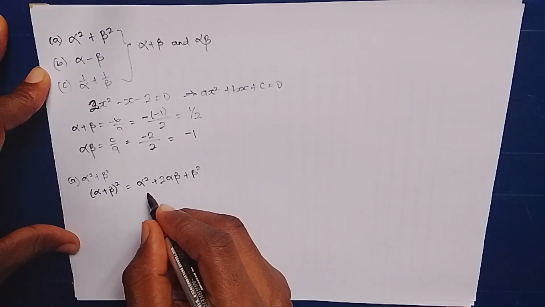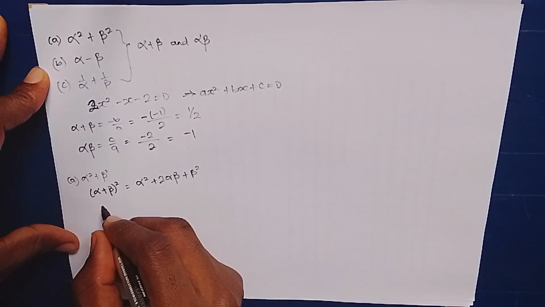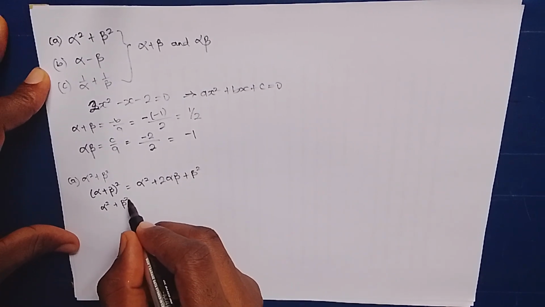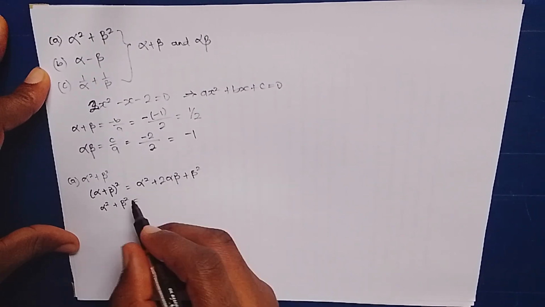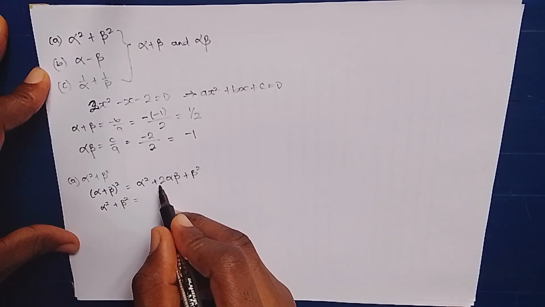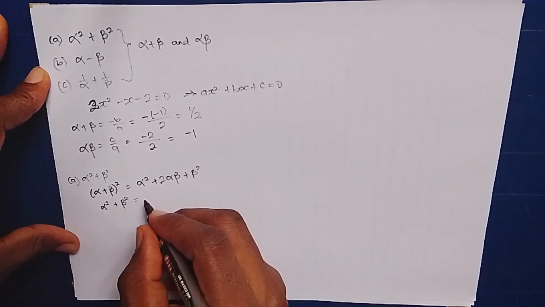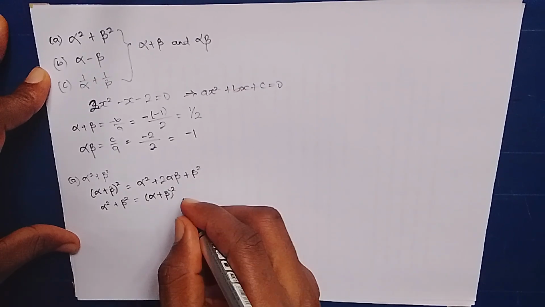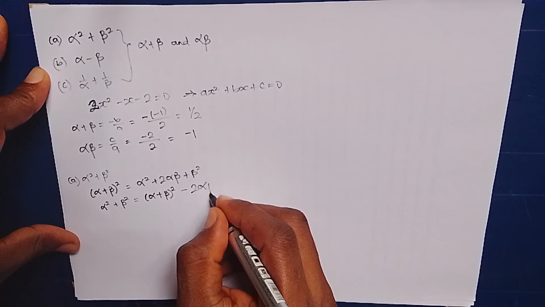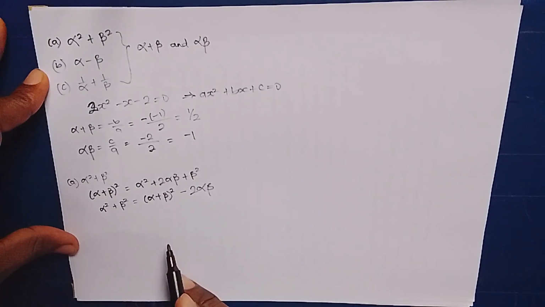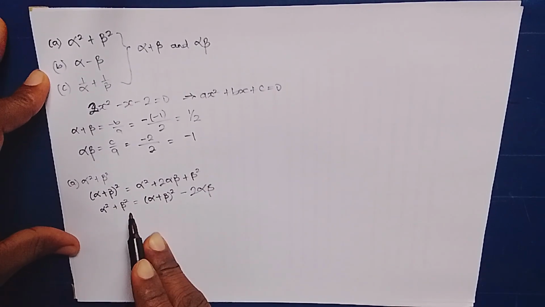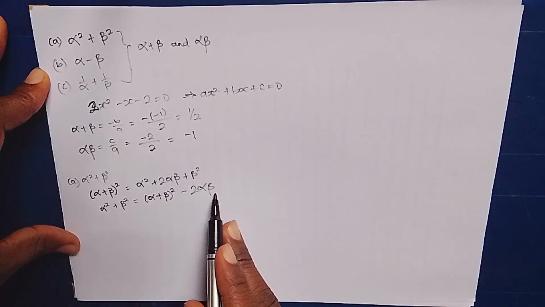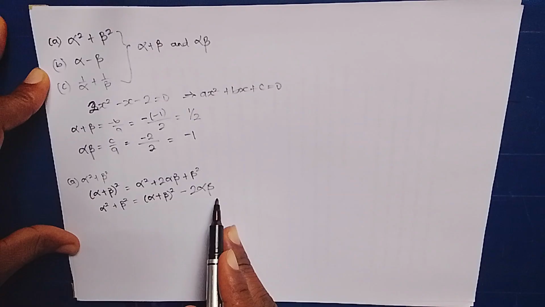Let's make alpha squared plus beta squared the subject of this formula. We have alpha squared plus beta squared. Now, 2 alpha beta will cross over, and then you have alpha plus beta all squared minus 2 alpha beta. So we now see that alpha squared plus beta squared has been expressed in terms of alpha plus beta and alpha beta. That is the sum of alpha and beta and the product of alpha and beta.